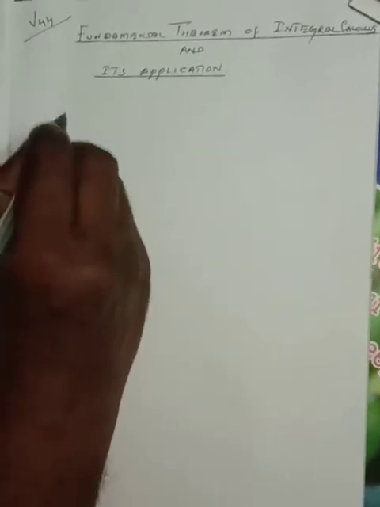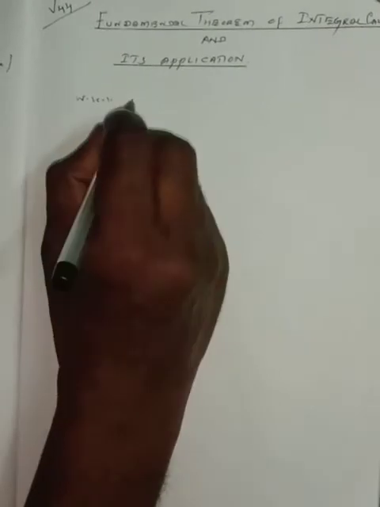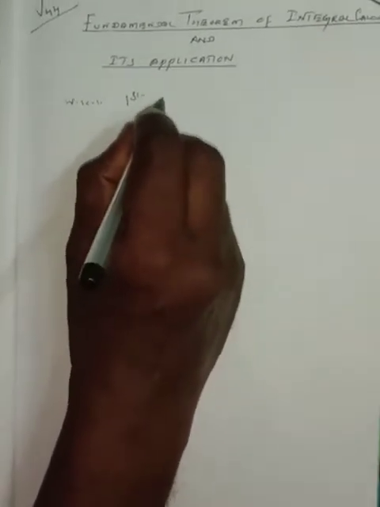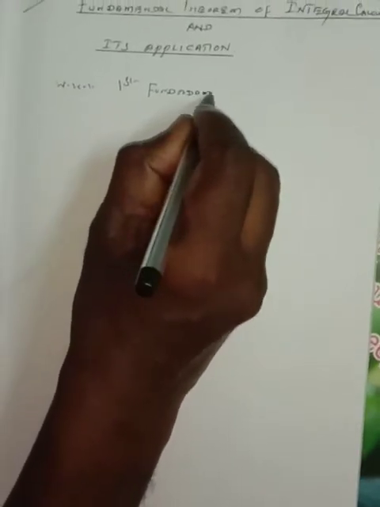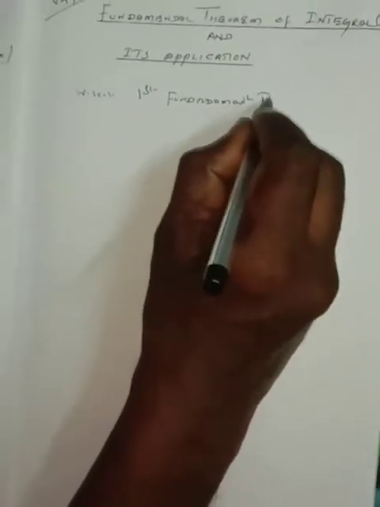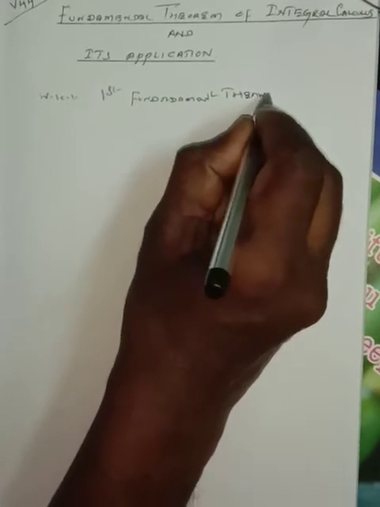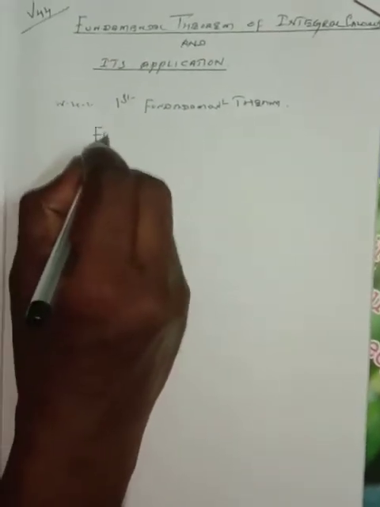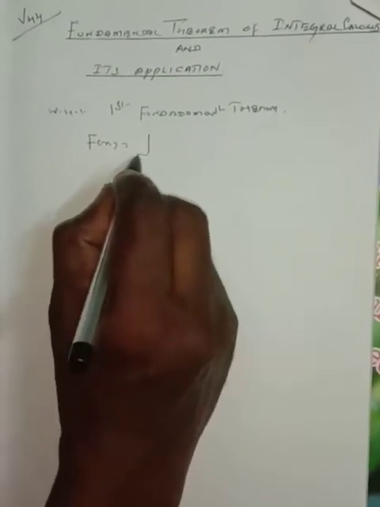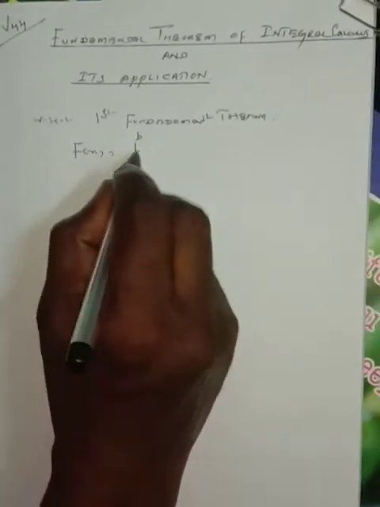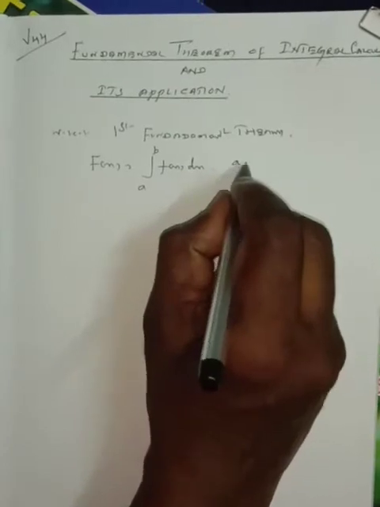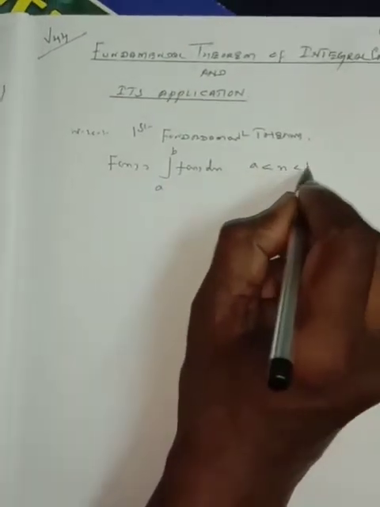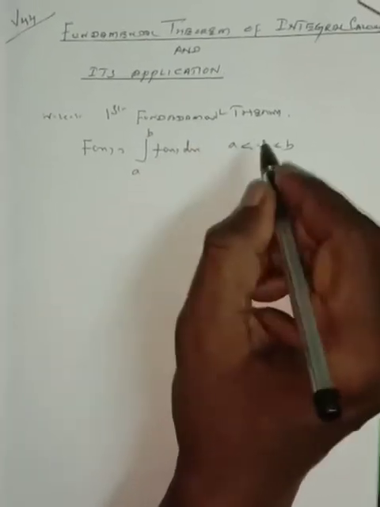We know that the first fundamental theorem: capital F of x is equal to the integral from a to b of f of x dx, where x lies between the upper and lower limit a and b.